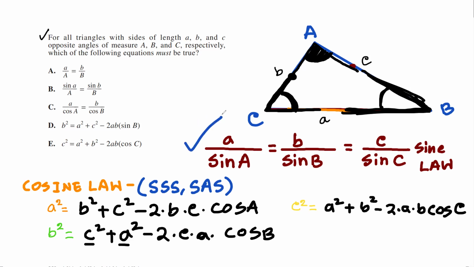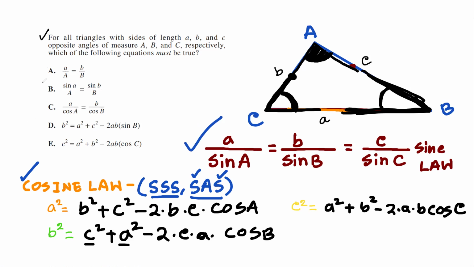So that's the restriction of the cosine law. Cosine law can only be applied in SSS, a triangle where you know all three side lengths, or a triangle where you know two of the side lengths and the angle which is in between the two sides.